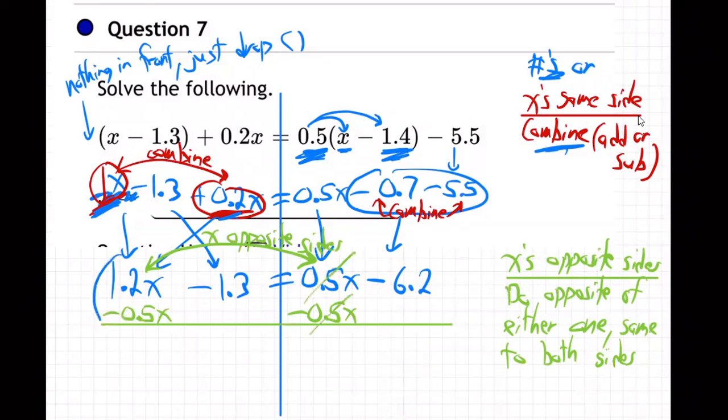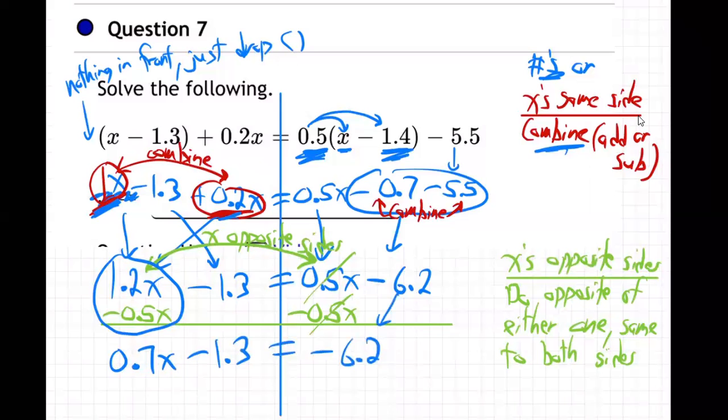And so what becomes of these two? 0.7x, right? Minus 1.3 equals, and bring down the minus 6.2. Like that. We get to there. And now you know what to do from here now. Now we just get x alone.